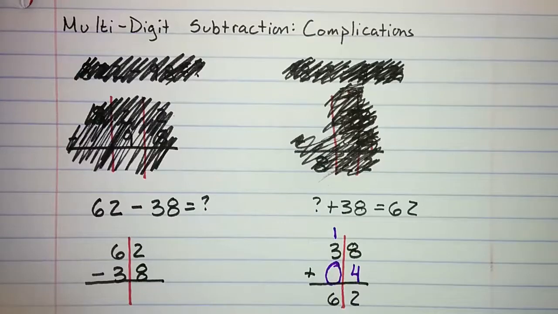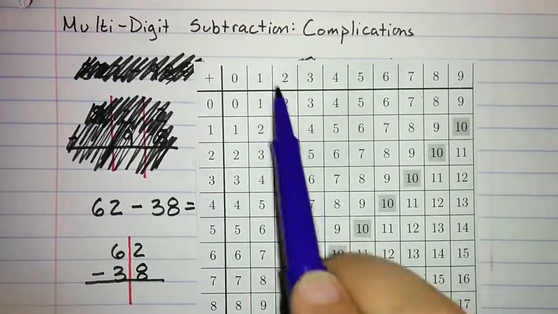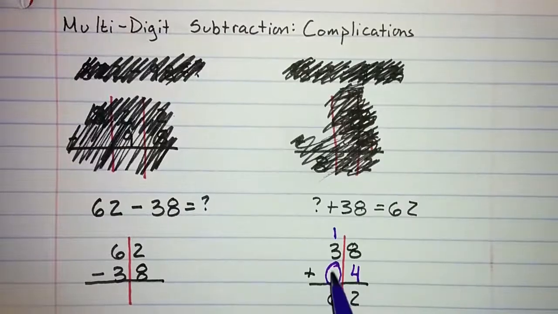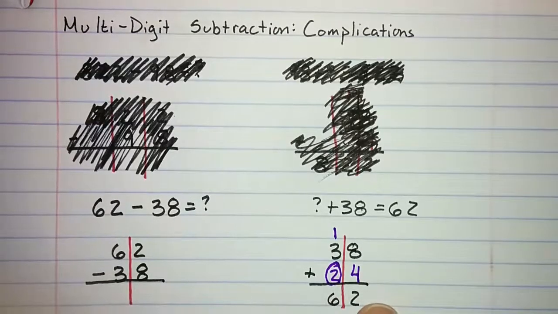So 3 plus what is 5? 3 plus 2 is 5. Right, and so when we add the 2 plus 3 is 5, plus the 1 we carried gave us 6. How should we write that out in the subtraction problem? So we didn't do 2 minus 8, we did 12 minus 8.